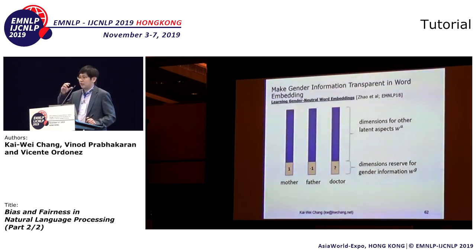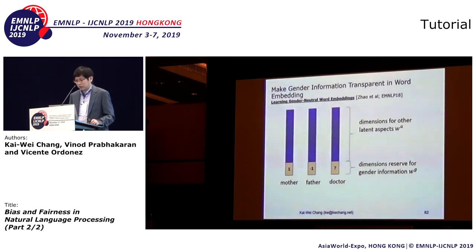So when you train the word embedding, you can initialize all these male definitional words with 1 in this dimension and the female words with -1. Then when you learn the embedding model, because this dimension already captures the gender information, the model will try to push all this gender information to that dimension. And then you can again design some objective to promote the model to put the gender information in this dimension and keep it out of the other dimensions.